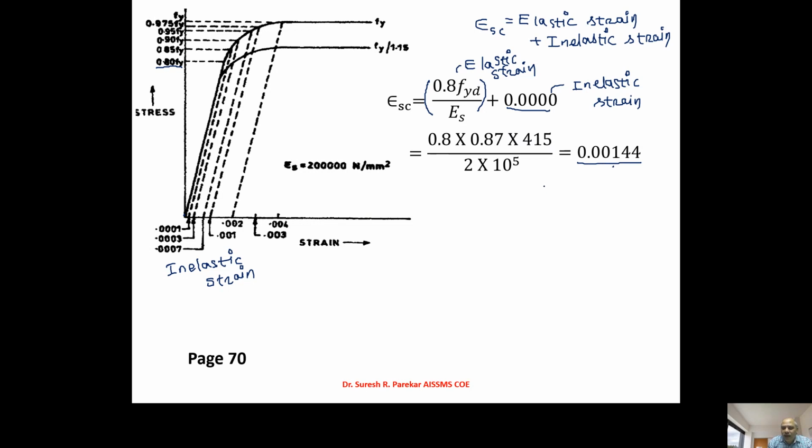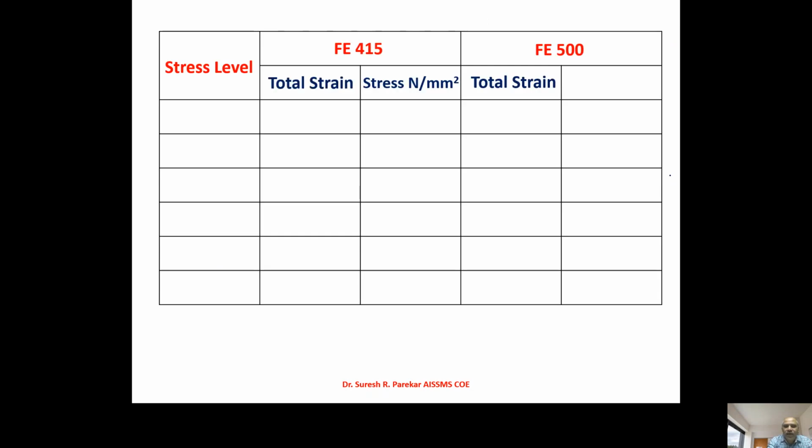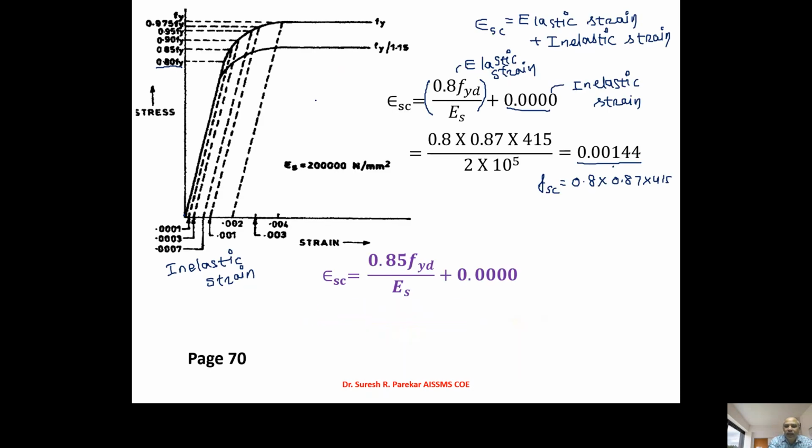Against this the stress fsc is 0.8 into 0.87 into 415, which from the diagram against 0.00144 is 288.7. So this is for 0.8 fyd. We have to prepare the table for all, and that we are going to prepare over here.